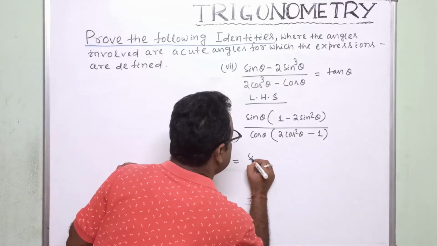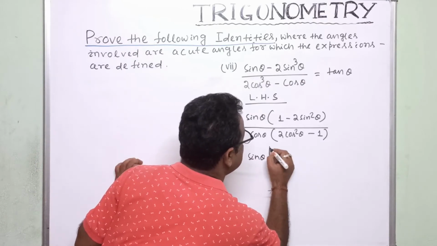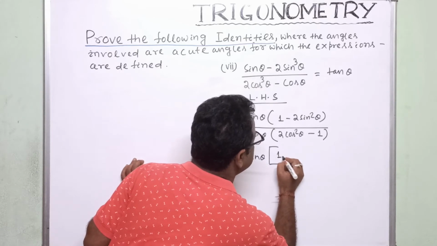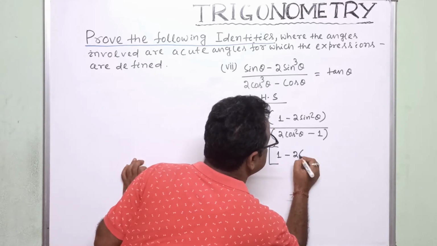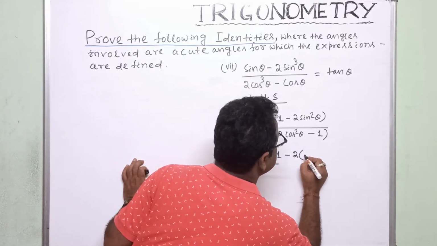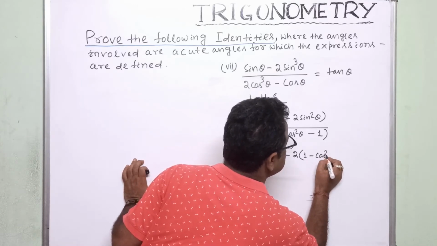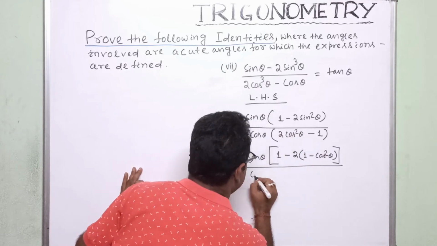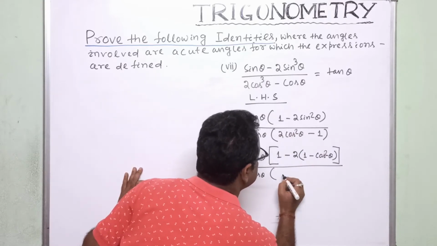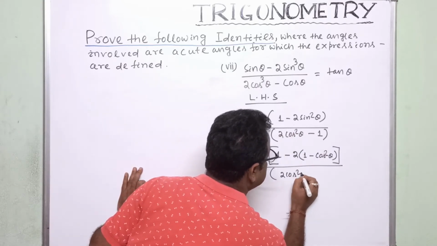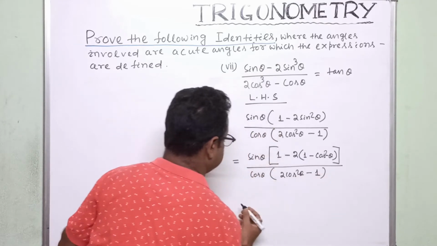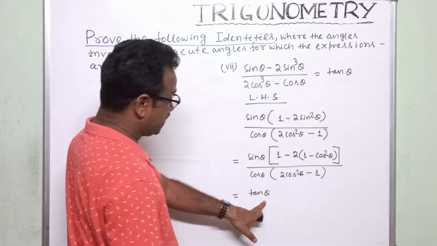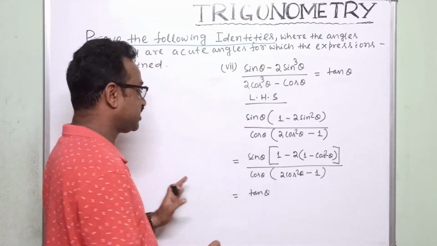So okay, now sin theta, 1 minus 2 into sin square theta, 1 minus cos square theta, by cos theta, 2 cos square theta minus 1. That is equal to sin theta by cos theta, tan theta. Already I have written here.